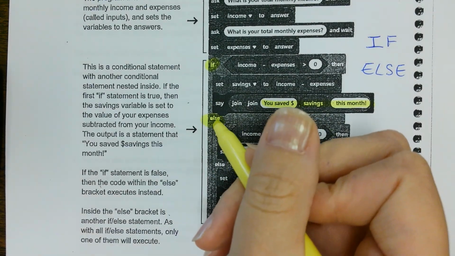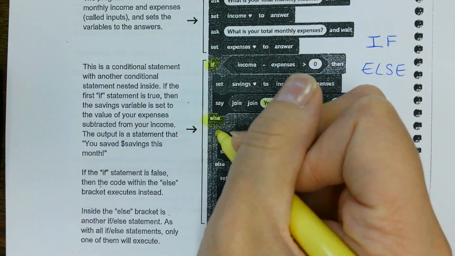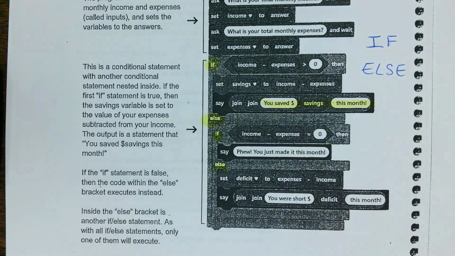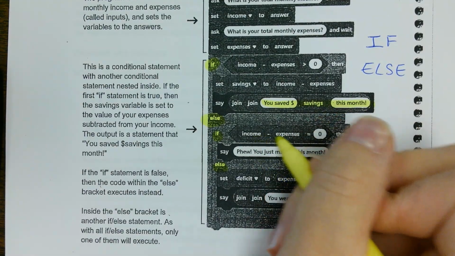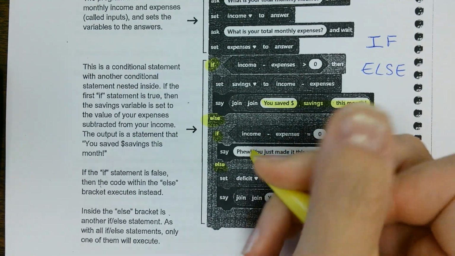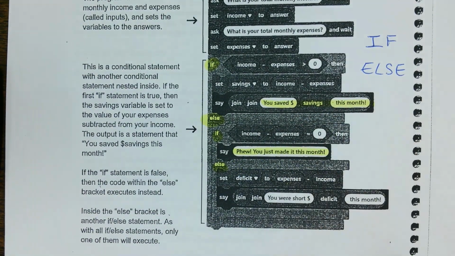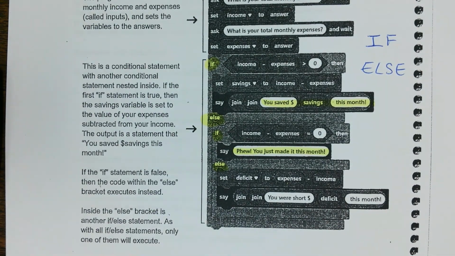That's why under this else right here, you have another if else statement. Okay. So as Pedro was saying, this one, if income minus expense is 0, it means you just made it. You break even. You don't make any money. You're not in debt. You just made it through this month.